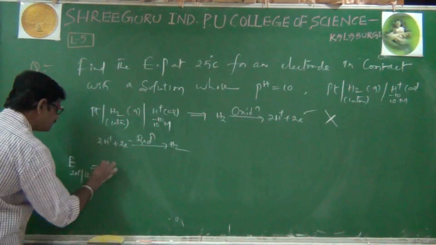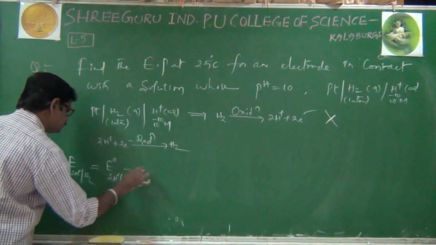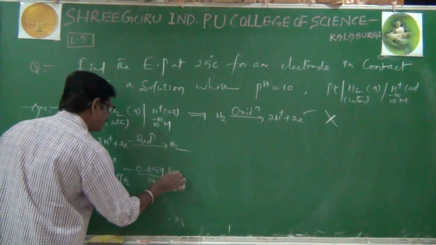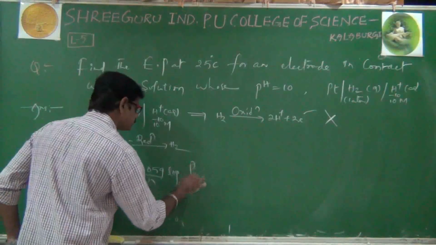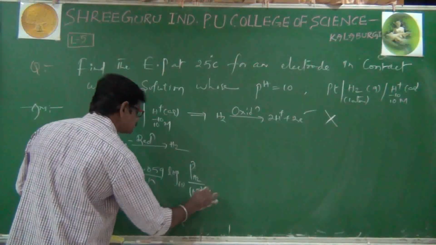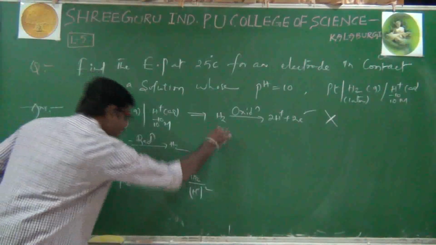Remember, E equal to E naught 2H plus oblique H2 minus 0.059 by n log base 10 of PH2 divided by H plus square. Same routine. Previously we have solved questions like these.